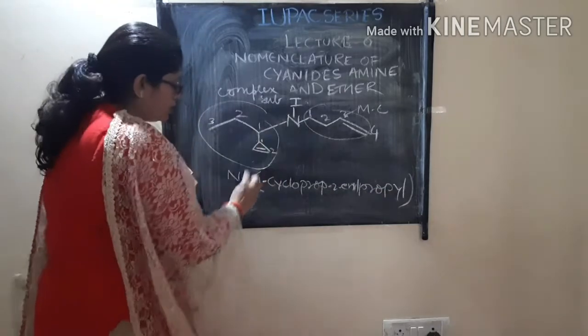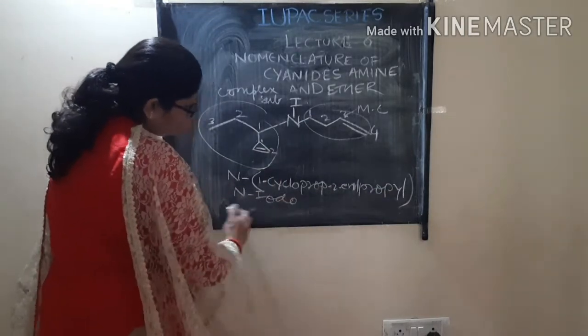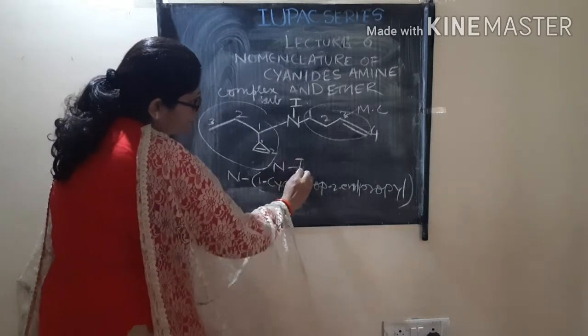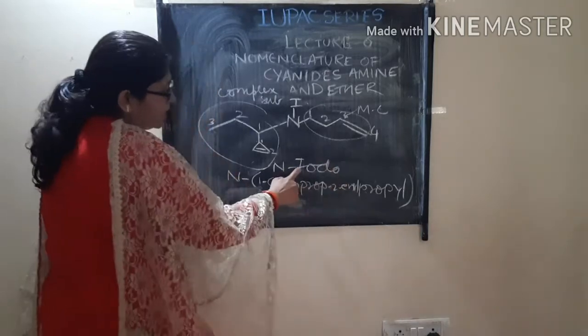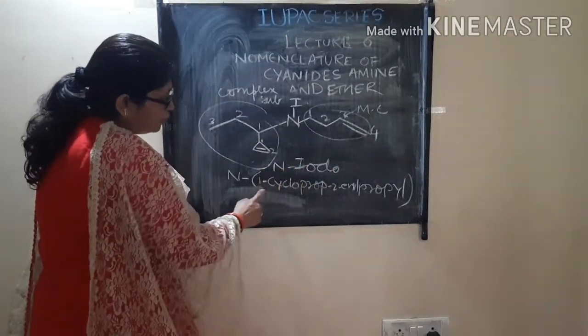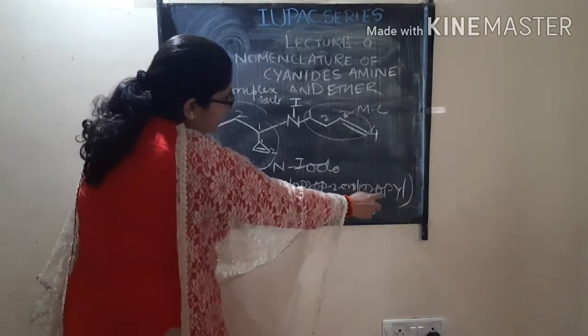Then we will go to N-iodo. Write it first, because I comes before P. So it will be N-iodo and 1-cycloprop-2-enylpropyl.